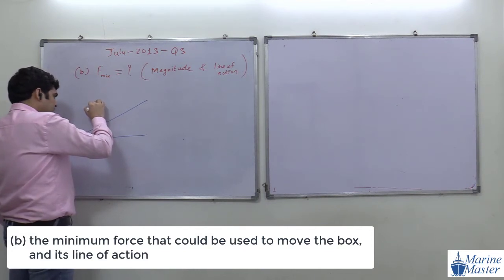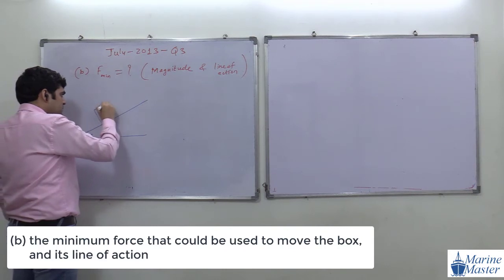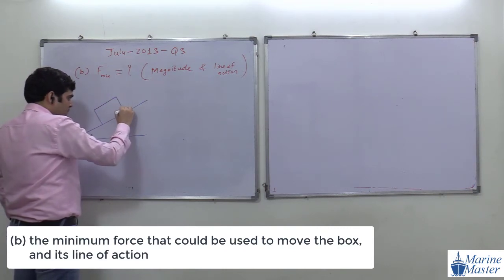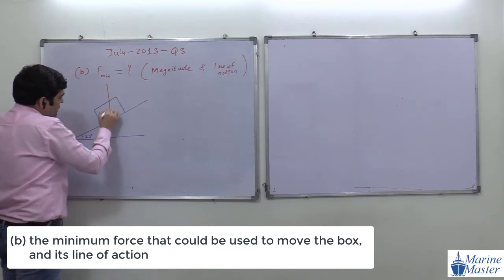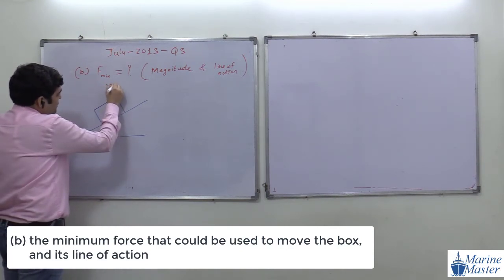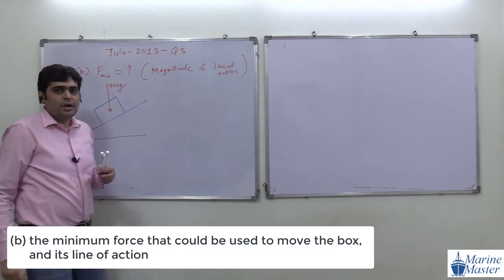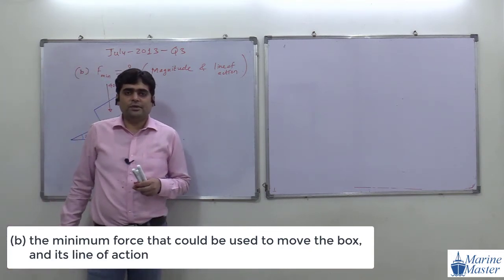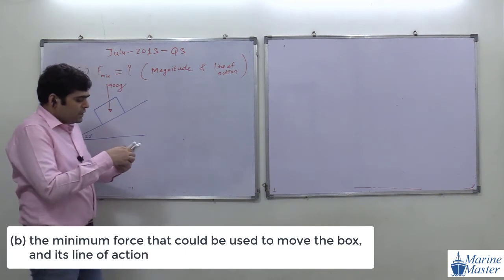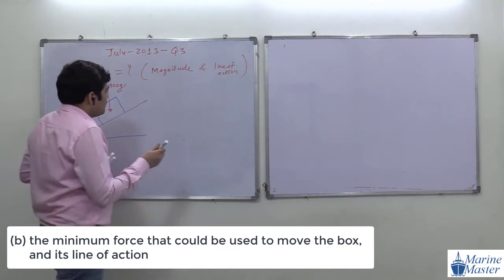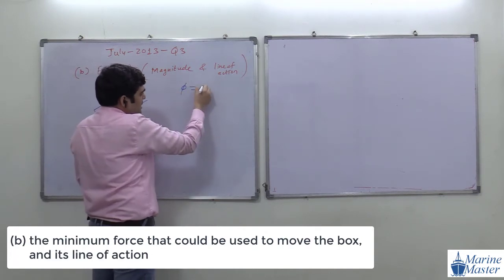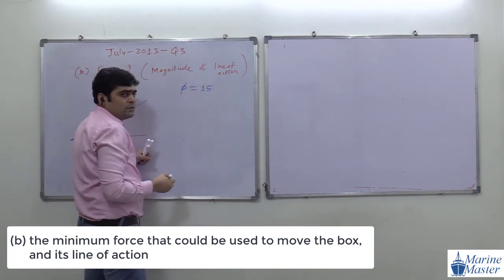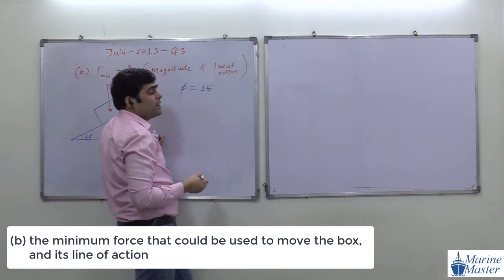This is our object. On that object there will be its weight, 400 g. What is the value of phi we got just now? Can anyone tell me? 15 point, how much? The value of phi.